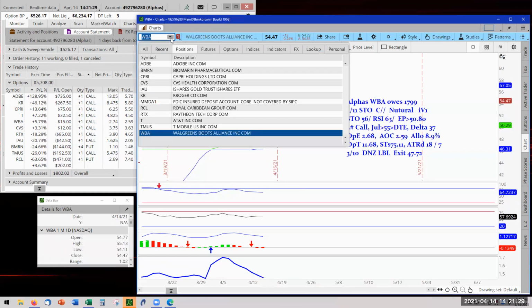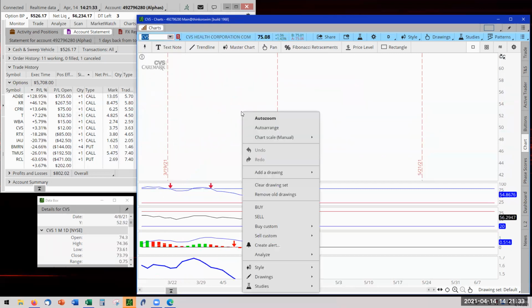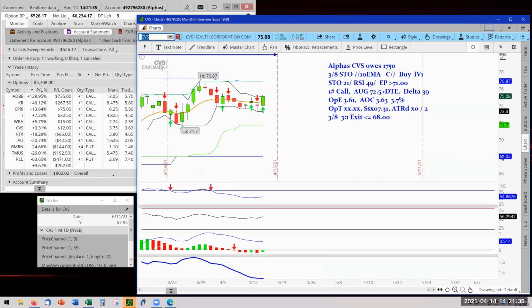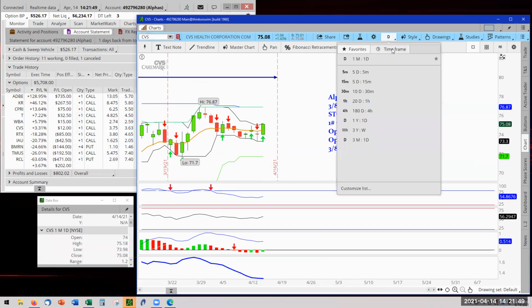Going on now to CBS, we finally come back into positive territory. Only at 3%, but still it's in our direction. Ooh, nice move on that candle though. Nice move. This line here is my 3-to-1 ratio line. This trade started on March 8th, and so I would have to keep adjusting my time frame to be able to see it.